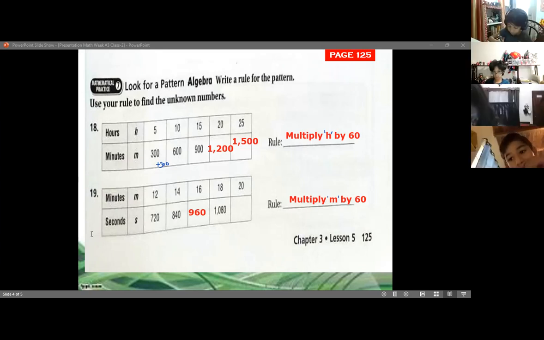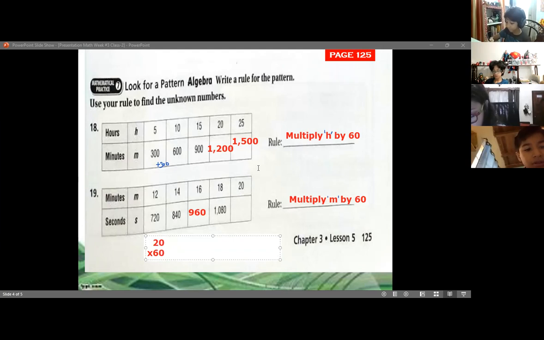You don't know? 200. Okay, let's multiply here. We have 20 times 60. What do you need to do? Multiply 20 times 60 to get the seconds.